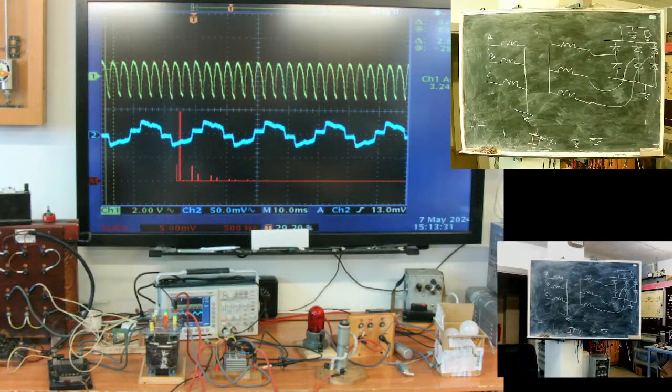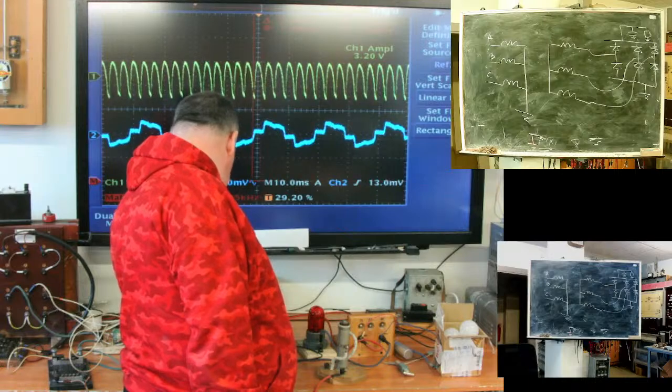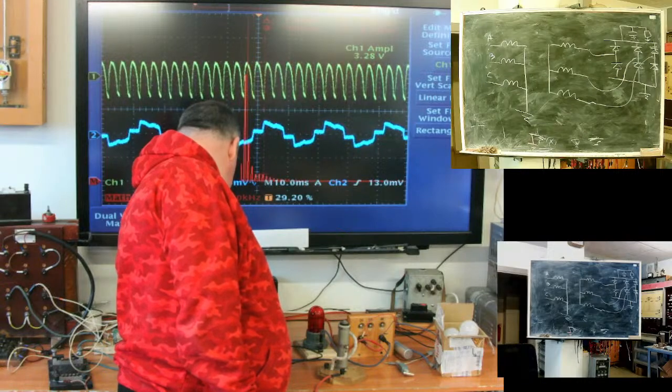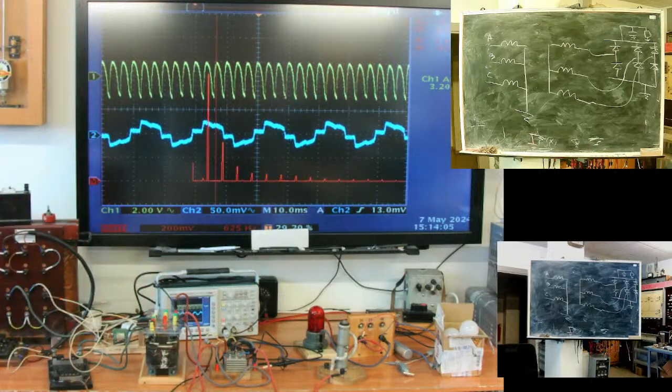Yellow line is the rectifier voltage without any filter, and red line is the spectrum.